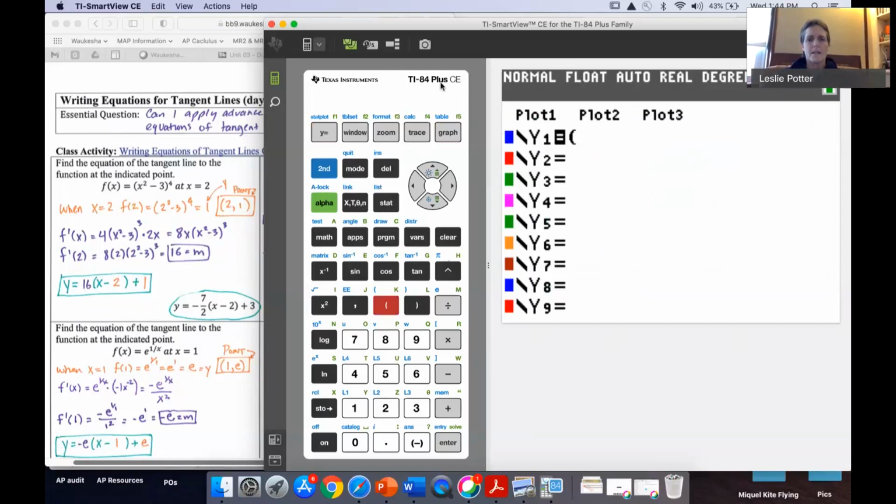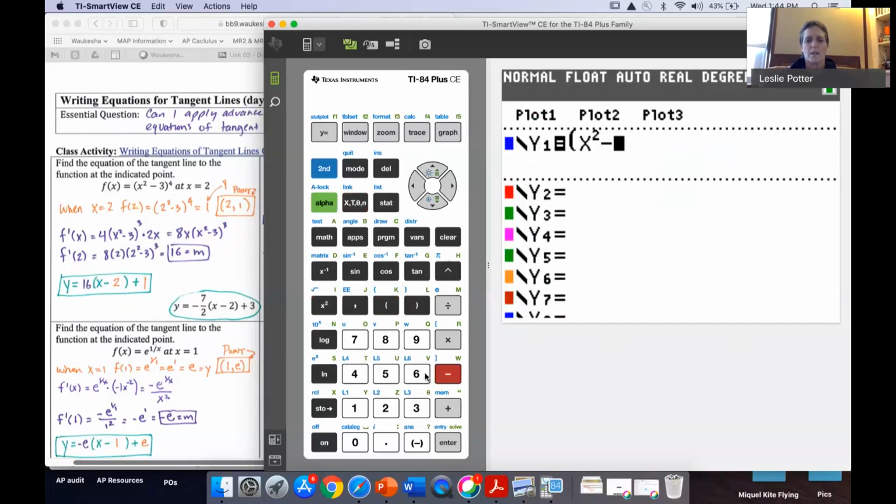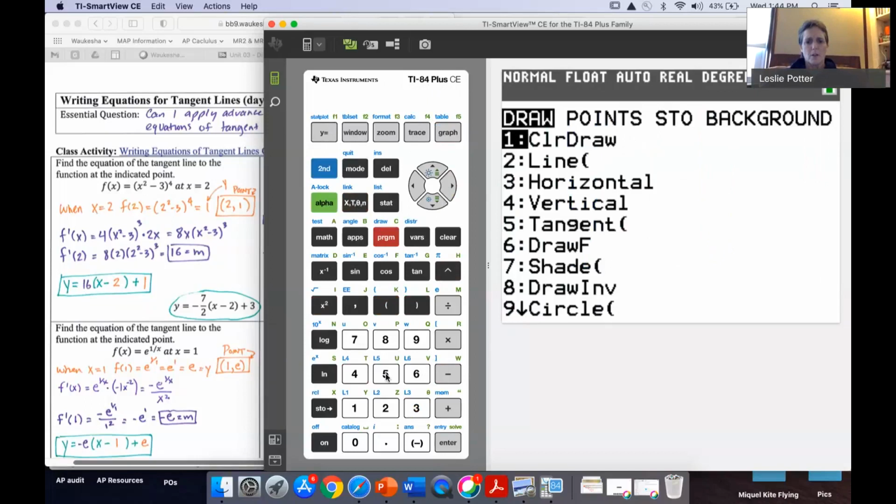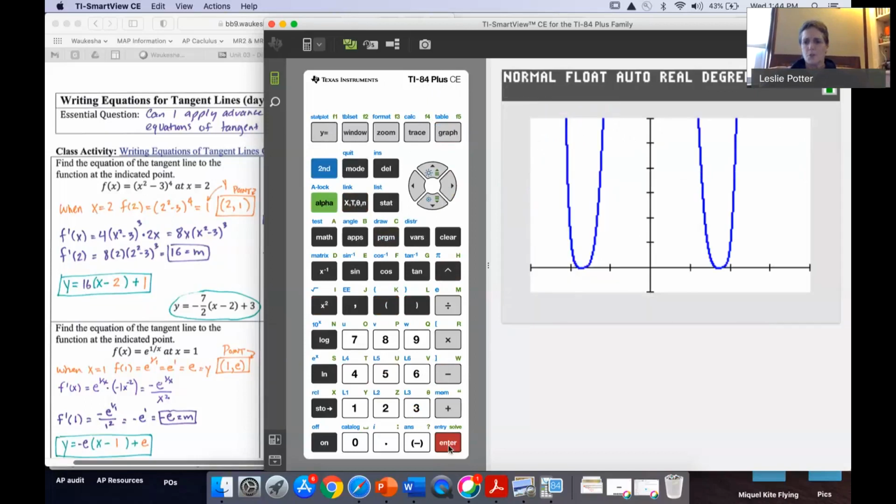I have a CE, and this is an emulator, but the CEs might automatically delete that drawing when the function connected to it is deleted. But I bet the older calculators don't, like the ones with the liquid crystal screens. So I'm going to put the function back in. The tangent line is not going to come back because I have to draw it again. I'm going to draw the tangent line again at 2. There it is.